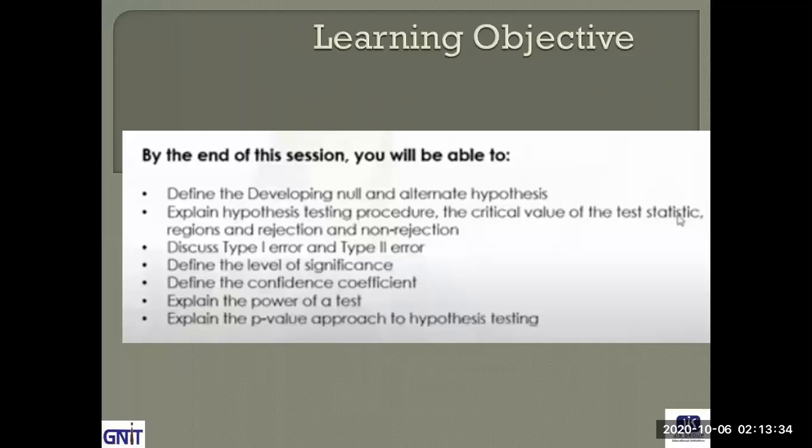So the learning objective is, by the end of this session, you will be able to define developing null and alternate hypothesis, explain hypothesis testing procedure, the critical value of the test statistics, discuss type 1 error and type 2 error, define the level of significance, define the confidence coefficient, explain the power of a test, explain the p-value approach to hypothesis testing.